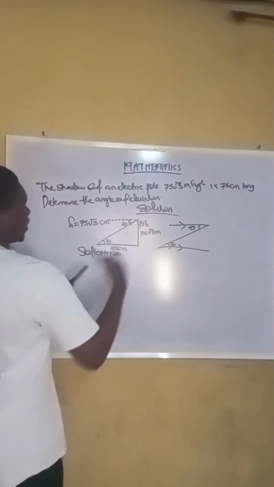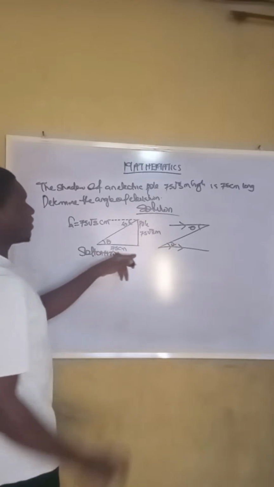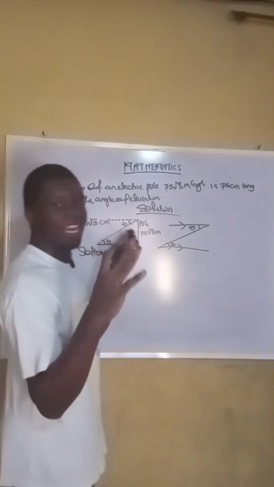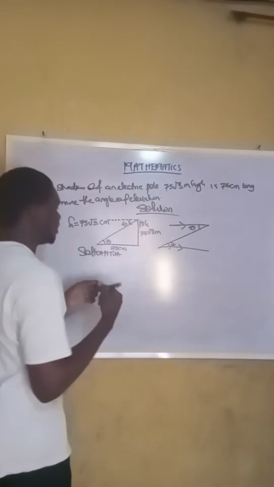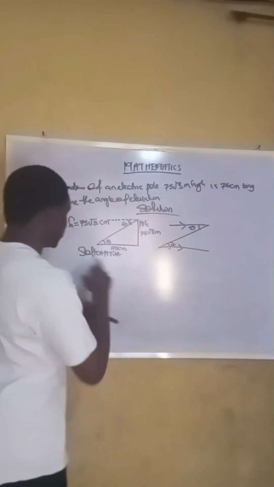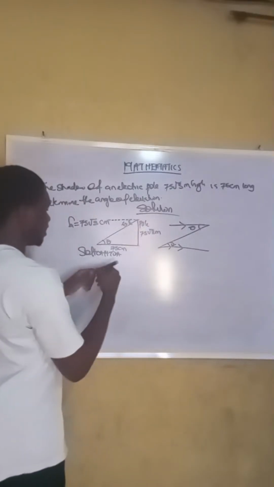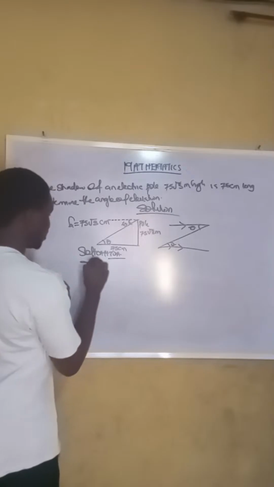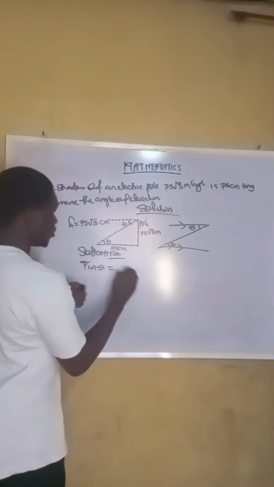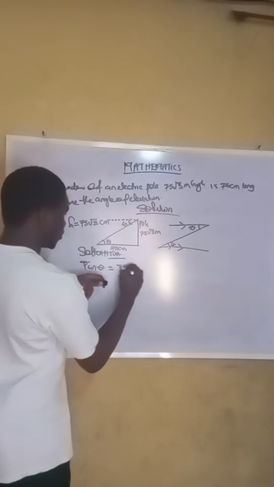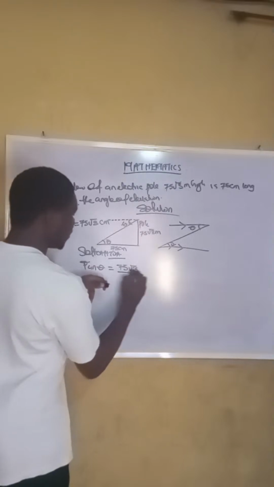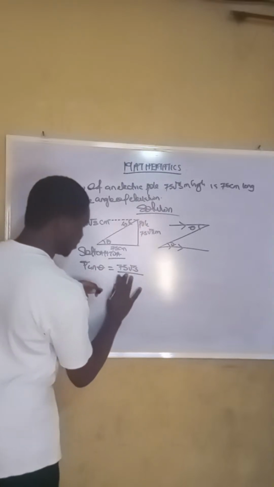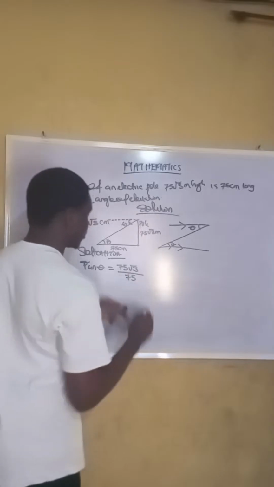We have here the opposite and here the adjacent. Recall I said earlier that the longest side is the hypotenuse, right? So we have opposite and adjacent, which is tan. Tan theta is equal to opposite divided by the adjacent.